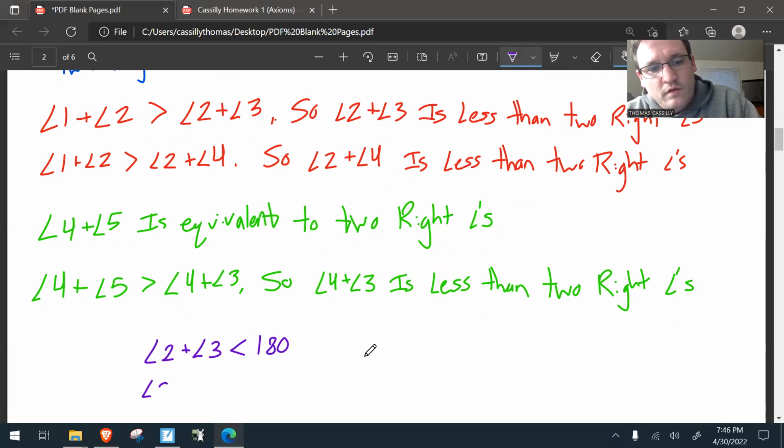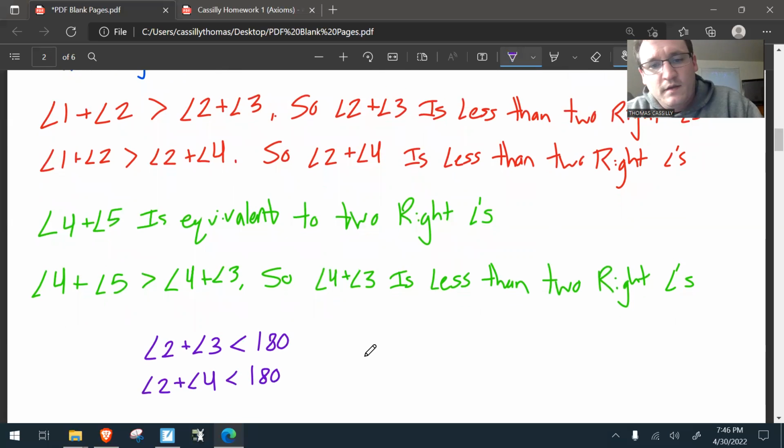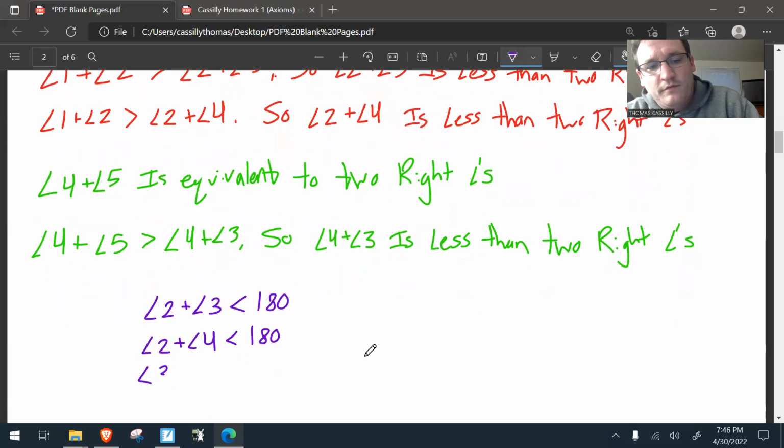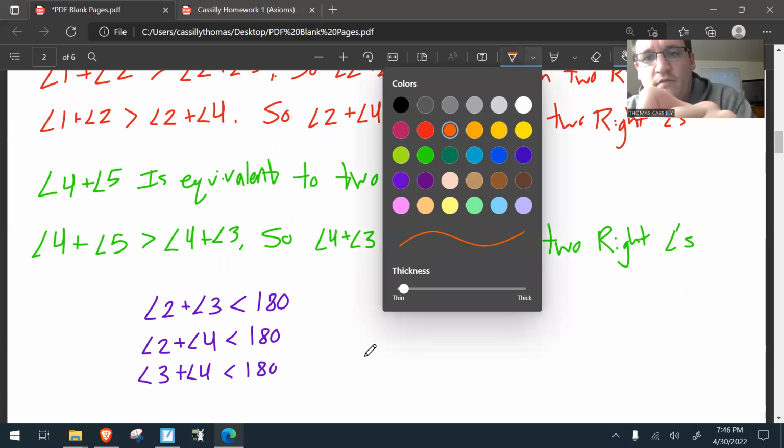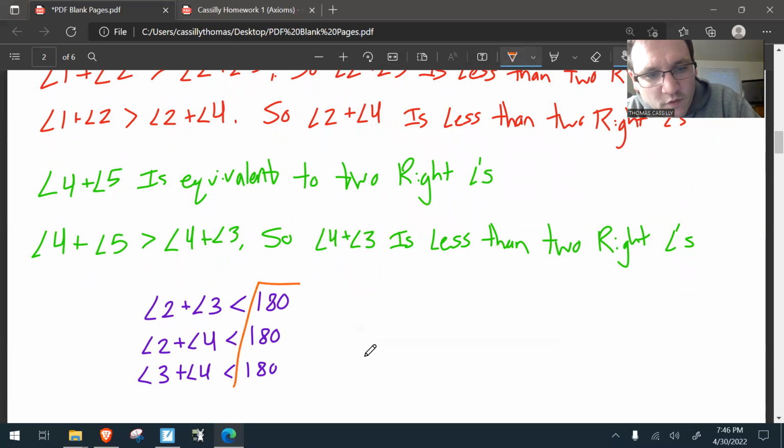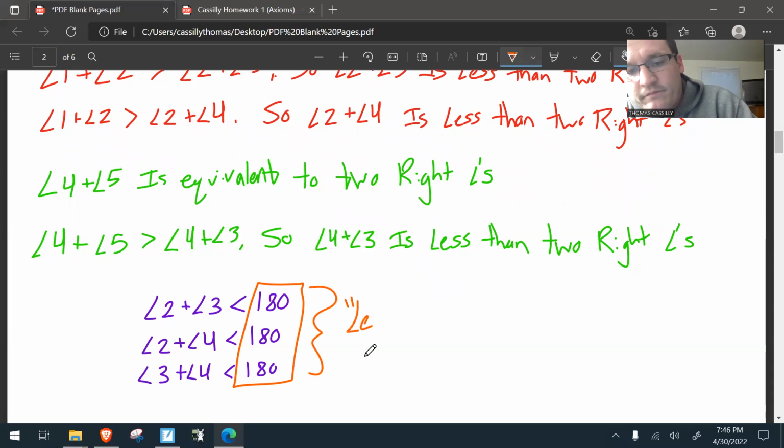Angle 2 plus angle 4 is less than 180, and angle 3 plus angle 4 is also less than 180. Remember, I'm going to swap that out because we have to be a little strict: that's two right angles.